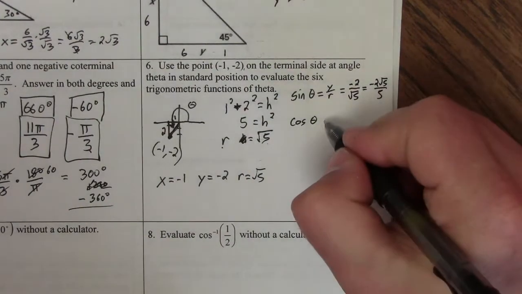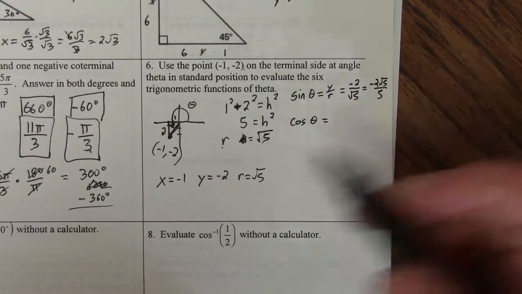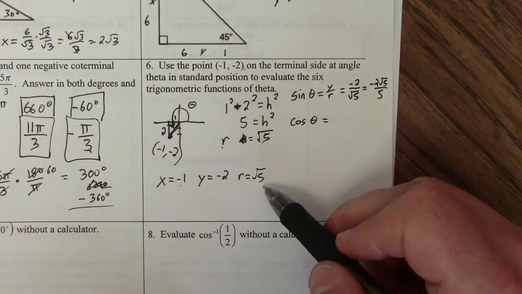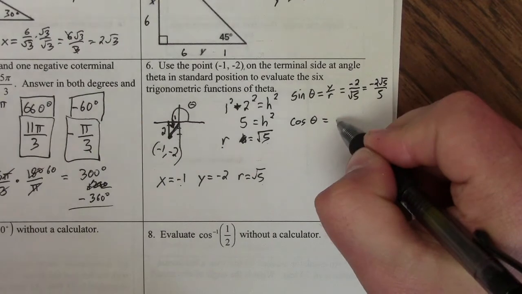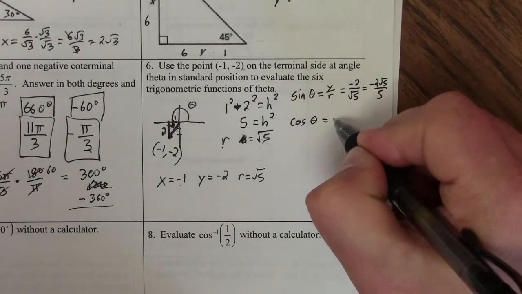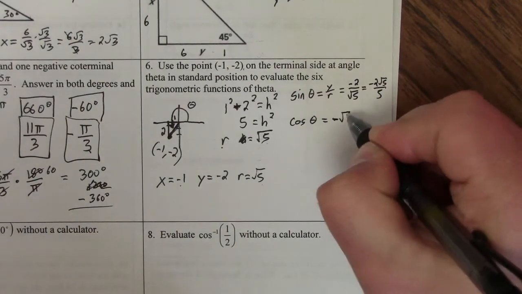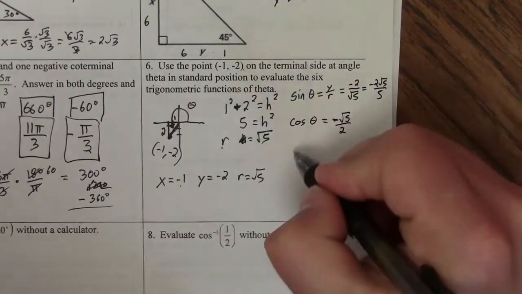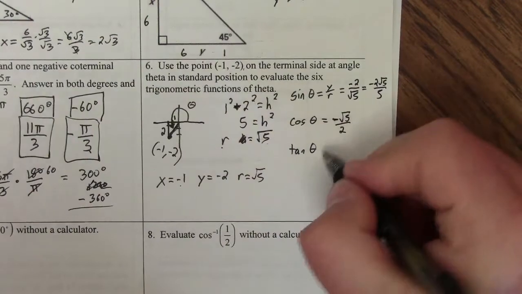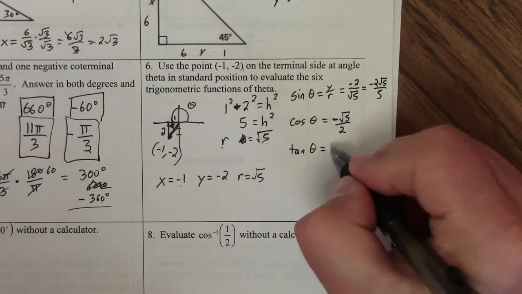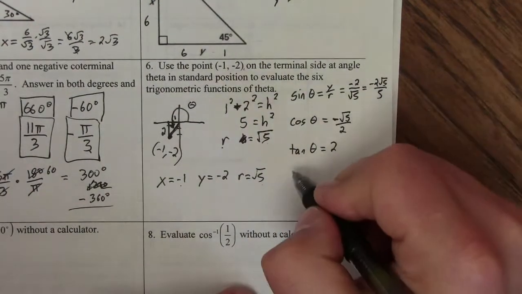Cosine of theta is going to be x over r, so after rationalizing, it's going to be negative rad 5 over 5. Tangent is y over x, so it's negative 2 over negative 1, so it's 2. And then the reciprocal functions.